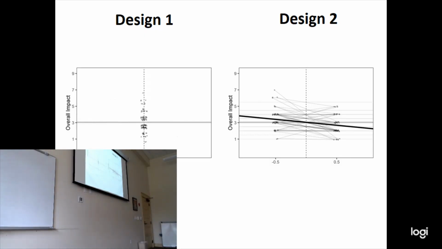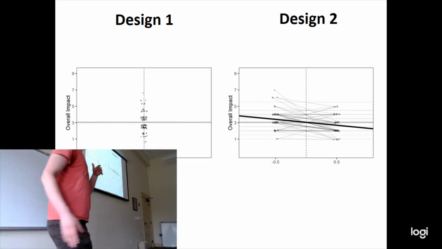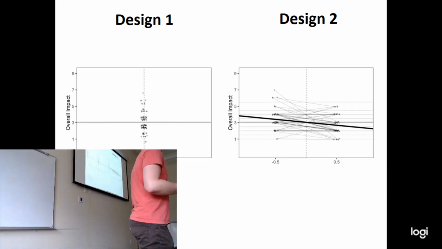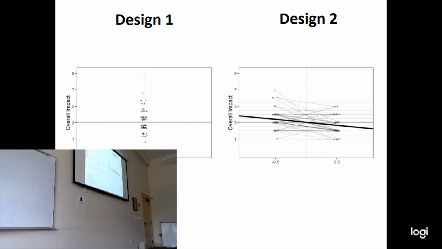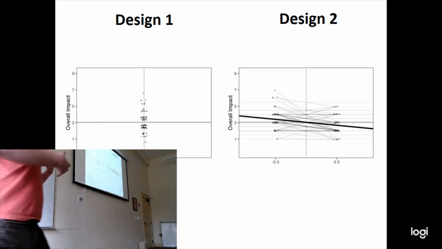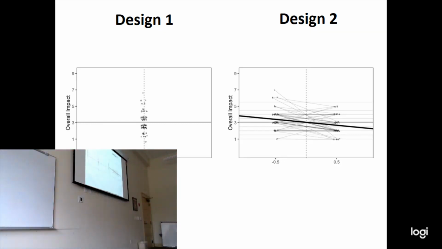So this is the error that's left over in that between subjects design, the one that does not have repeated measures. But when I'm looking at this other design, I've got these extra links between points that I have to deal with because they come from the same review.